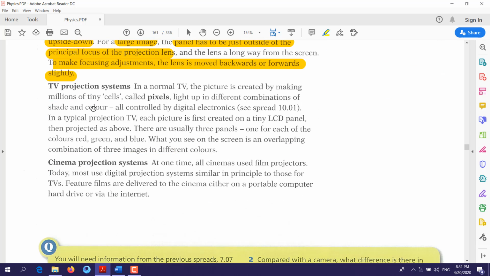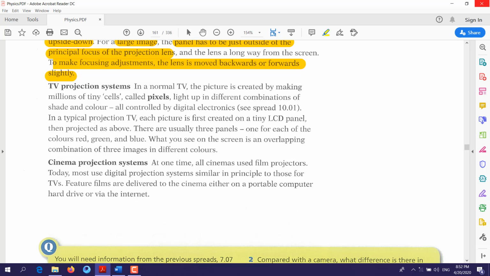TV projection systems. How does the TV work? Maybe you have heard about something we call pixels. If you focus on the TV screen, you will see it consists of millions of tiny cells, or small squares. Each square we call a pixel.